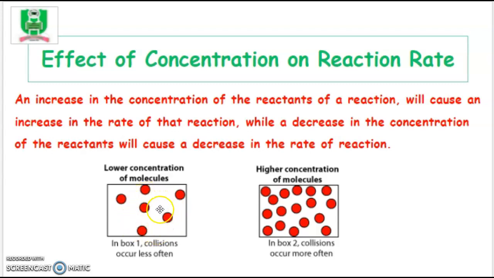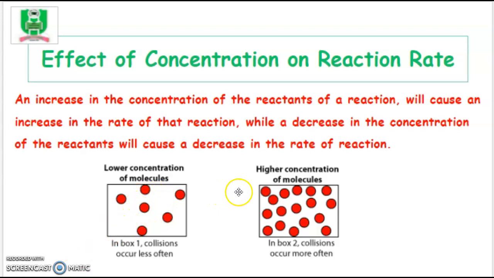They are not as crowded as we saw over here, and so they won't be colliding as frequently, and as a result of that, the possibility of bonds being broken within the reactants is much lower, and so the formation of products is much lower, and as a result, the reaction rate is much lower in the case of a low concentration of particles.